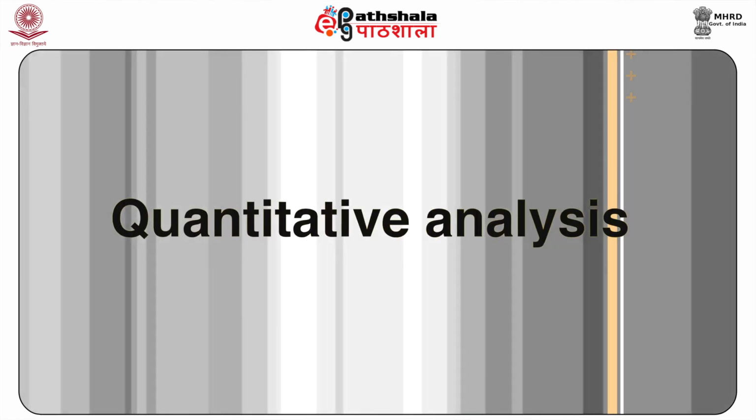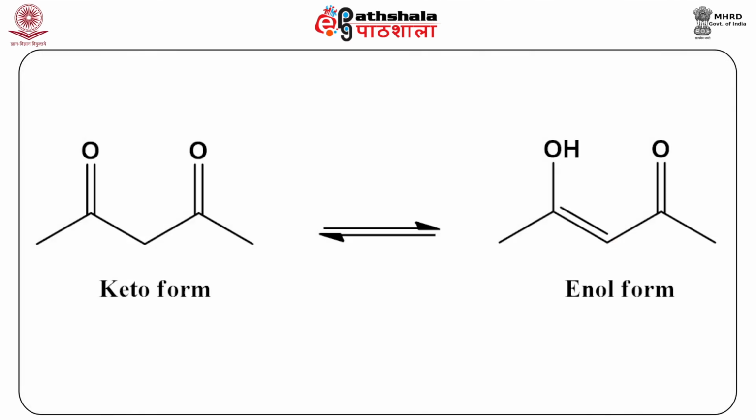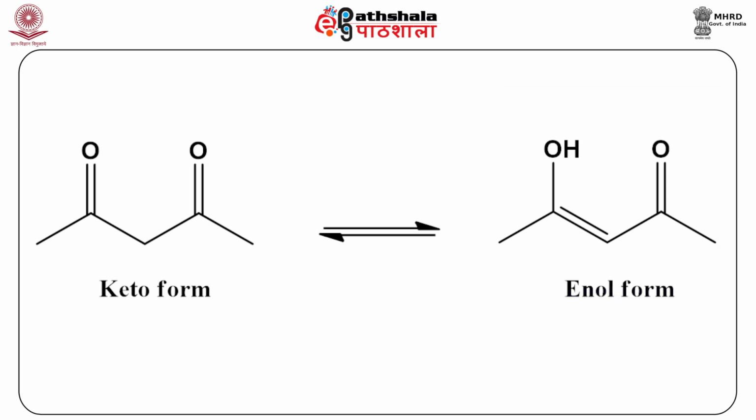Now, let us move to the fourth application, that is quantitative analysis. Proton NMR spectroscopy has been widely used to determine the relative amount of keto and enol tautomeric forms in a mixture. The structures of the keto and the enol forms are shown.